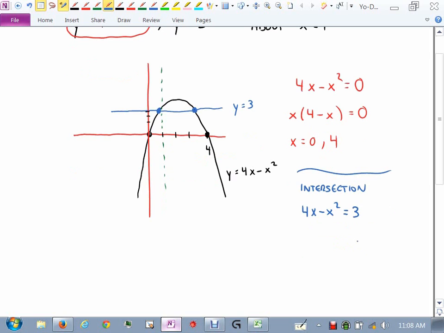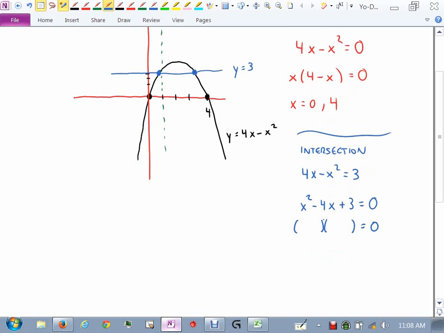That's a quadratic equation, so I'll move everything to one side, set it equal to 0, and factor it using guess and check.